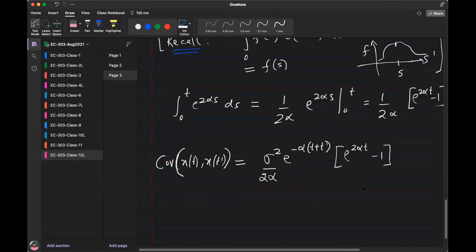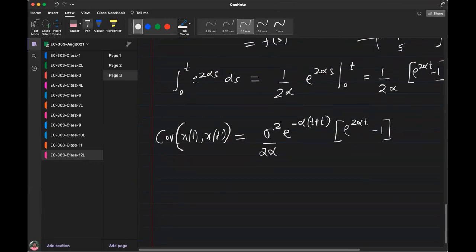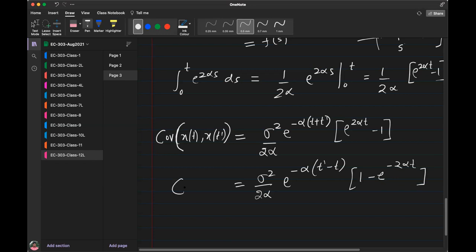Let us take one step further and simplify it. So let me take e power 2 alpha t outside, and let me know if this is correct. e power minus... Is this fine, everyone?